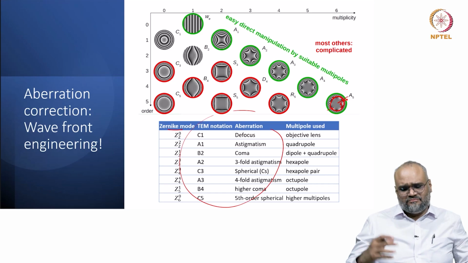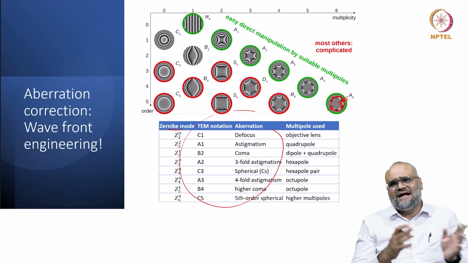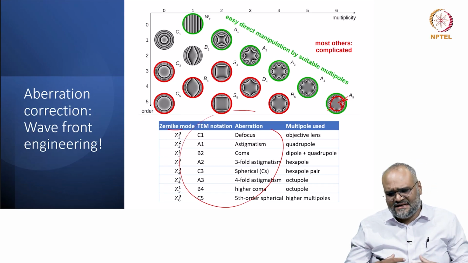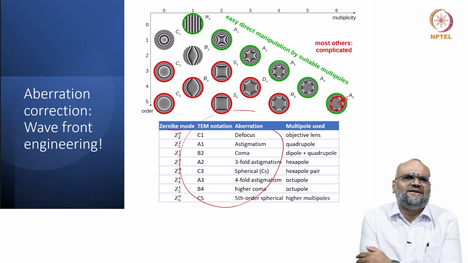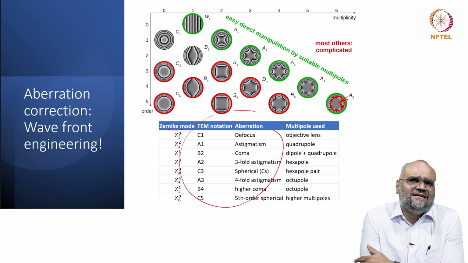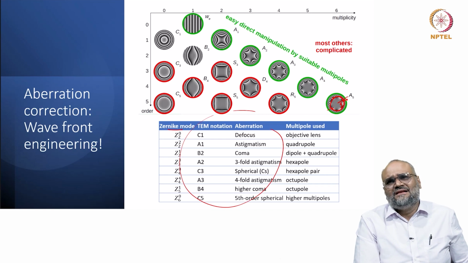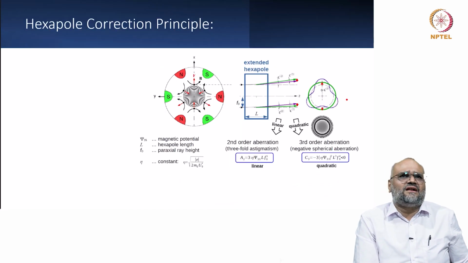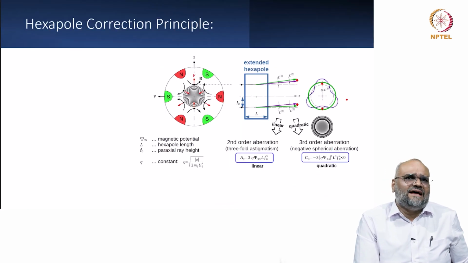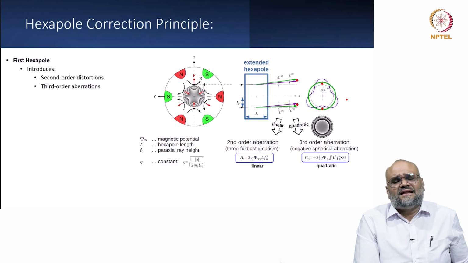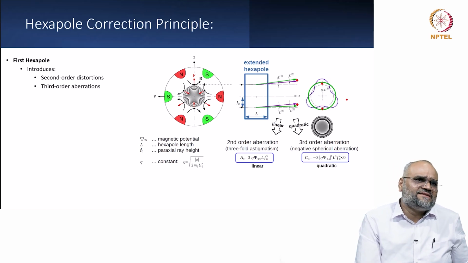So by correcting spherical and chromatic aberration, we have pushed the boundary of resolution limit in transmission electron microscopes, and this is what you have in most of the modern day microscopes now. Just briefly refreshing your memory on hexapole correction, there is a combination of 2 hexapoles with 2 transfer doublets in between.